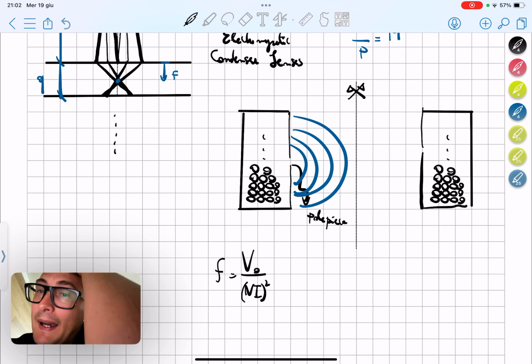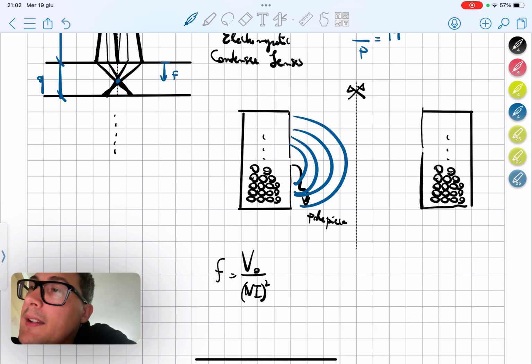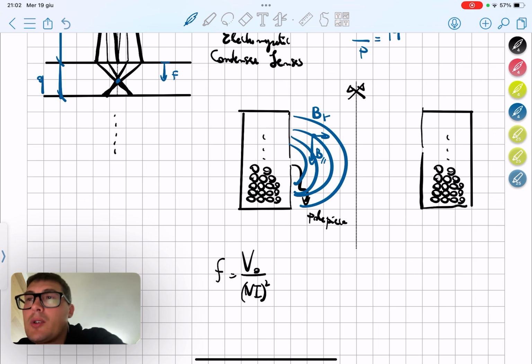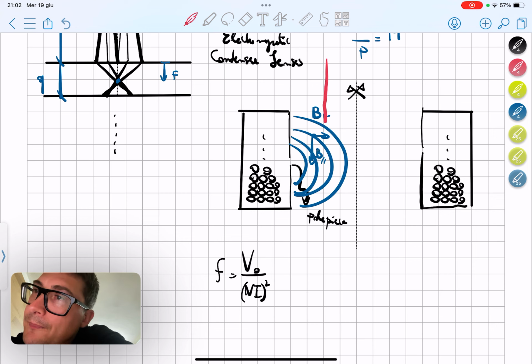And the magnetic field will have a radial component and a longitudinal component. Let's call it B. This is B radial and B parallel. It is understood that the electrons are coming from here, of course.